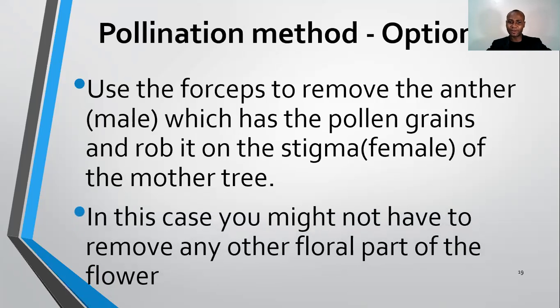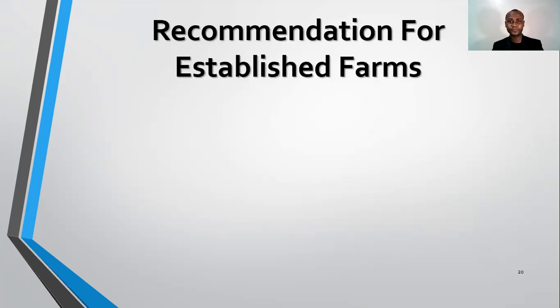In this case, you might not have to remove any of the floral parts of the flower. The only thing you remove is the male part of the flower. So that is what you do.